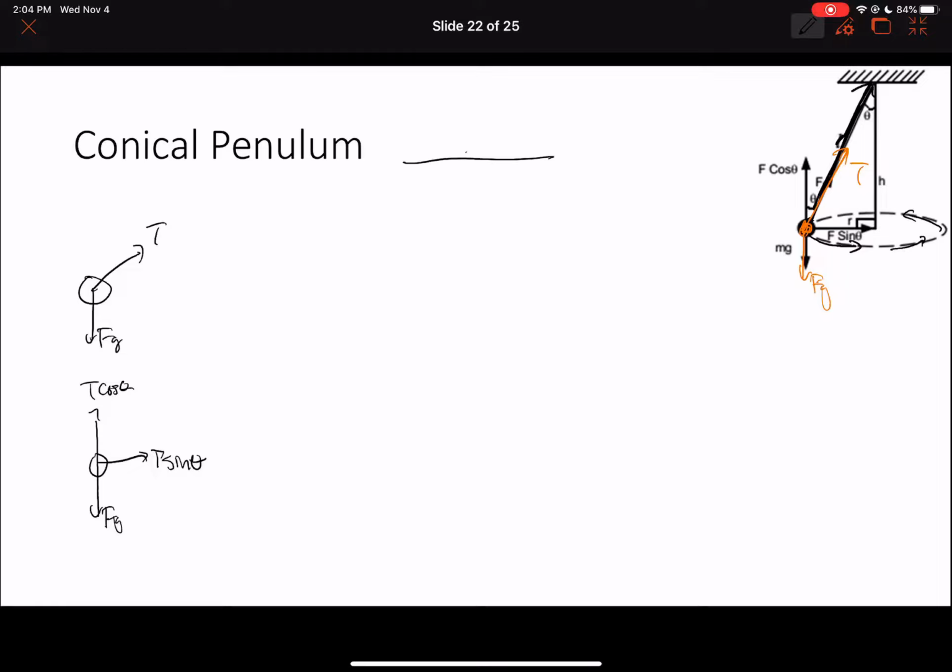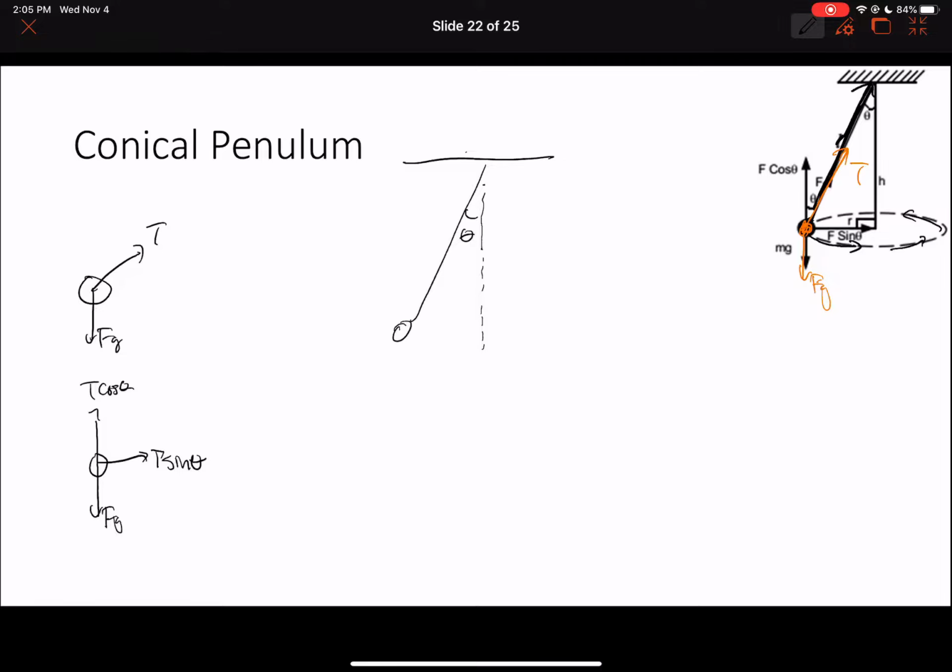If we draw the pendulum like such, your angle is this angle. It's the angle between the rope and where it should be normally. If you just let it drop and settle, it would go straight down. So the angle is between the rope and where it would rest.